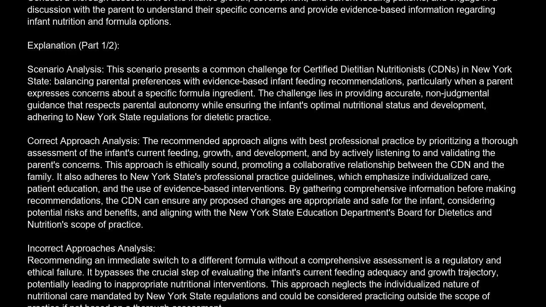Incorrect approaches analysis. Recommending an immediate switch to a different formula without a comprehensive assessment is a regulatory and ethical failure. It bypasses the crucial step of evaluating the infant's current feeding adequacy and growth trajectory, potentially leading to inappropriate nutritional interventions. This approach neglects the individualized nature of nutritional care mandated by New York State regulations, and could be considered practicing outside the scope of practice if not based on a thorough assessment.